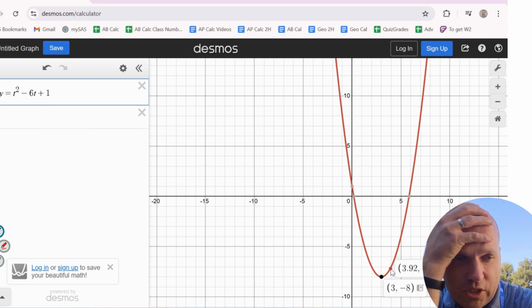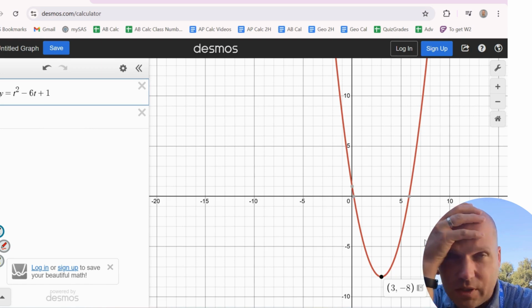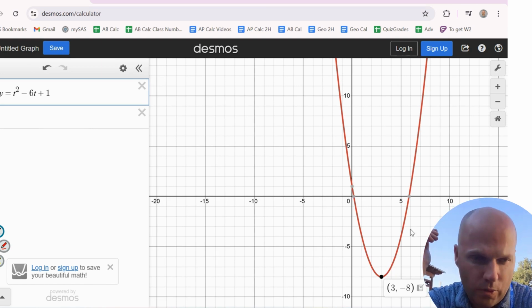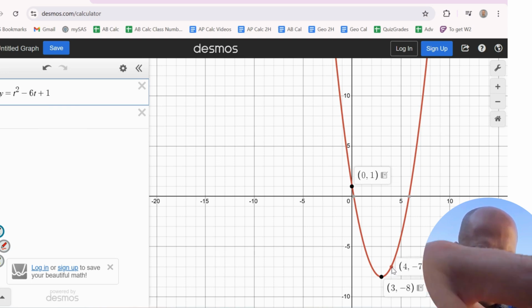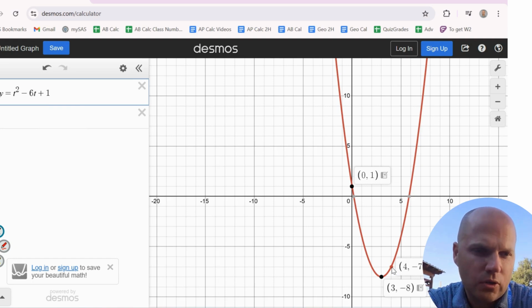There's your positions at times. So displacement, you ended up 8 below where you started. You traveled down 9 and then up 1.